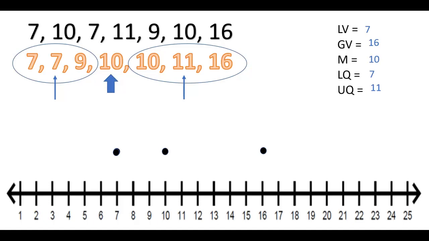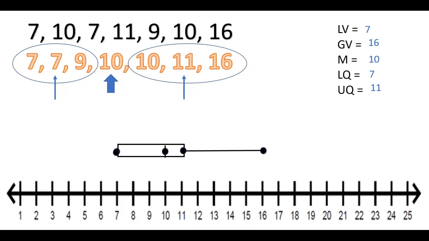So my lower quartile and my least value are the exact same thing, which really means we're not going to have a whisker on the front end. Watch this. Let's bring in the upper quartile, and now the box goes from quartile to quartile. Put in my median line, and then I only have one whisker.